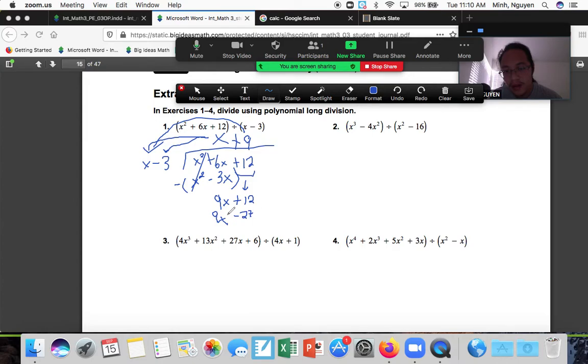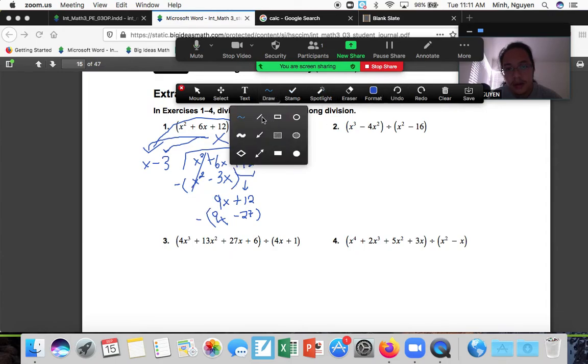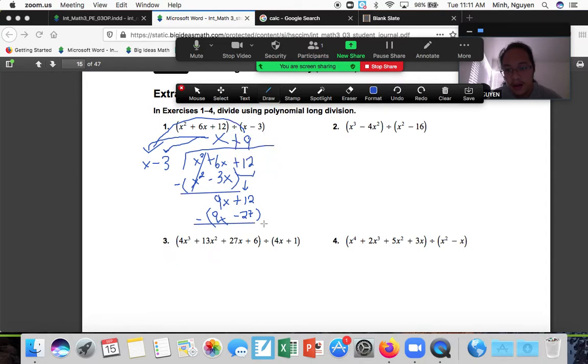And after I multiply, what do I do? Just like here, just go ahead and subtract. Oops. Sorry, could have probably made this line nice and neat. Then I have 9x minus 9x is nothing. And then 12 minus negative 27 is 39. 39 cannot be divided by x.